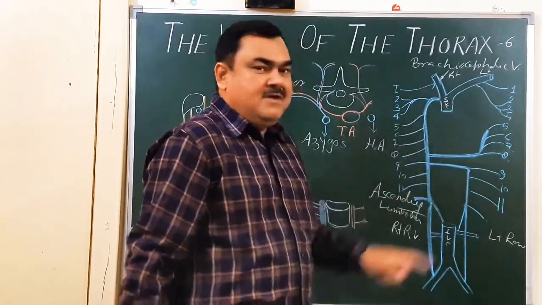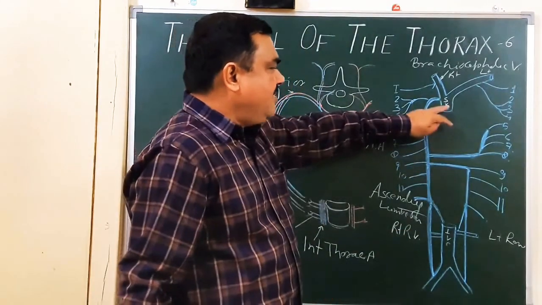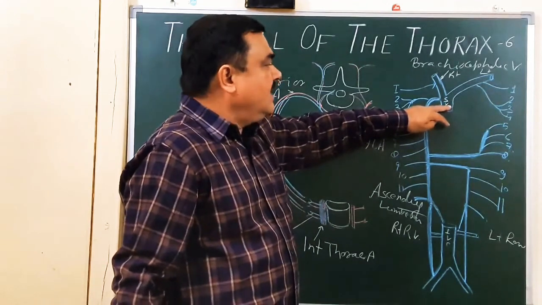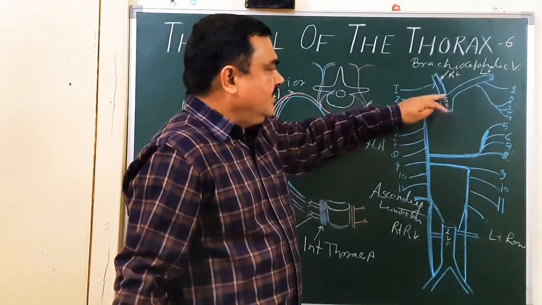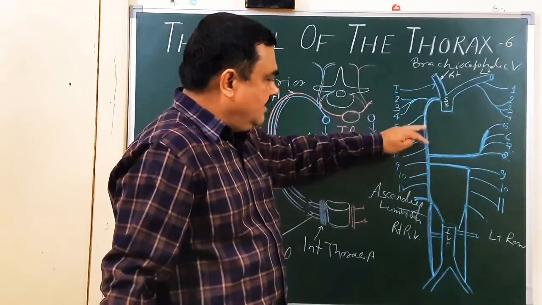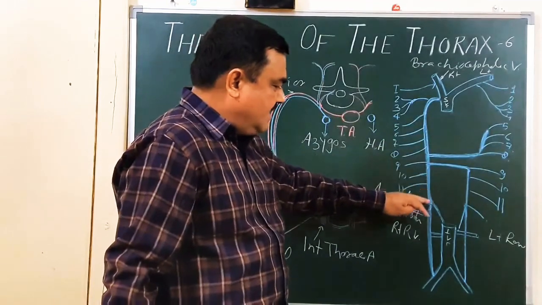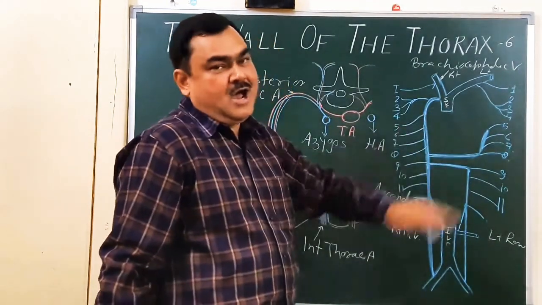This venous system is important in case of obstruction of the vein. If superior vena cava is obstructed, then blood from upper extremity and head and neck passes here. From here it passes through azygos vein into the inferior vena cava. Then through inferior vena cava it reaches the heart.